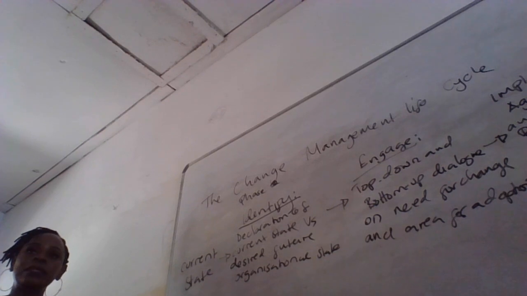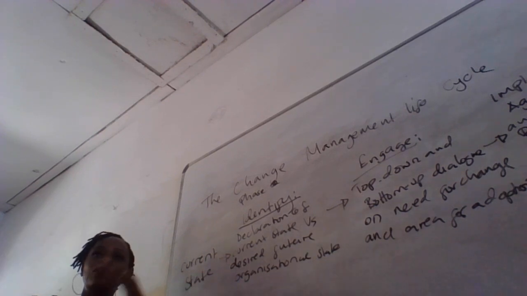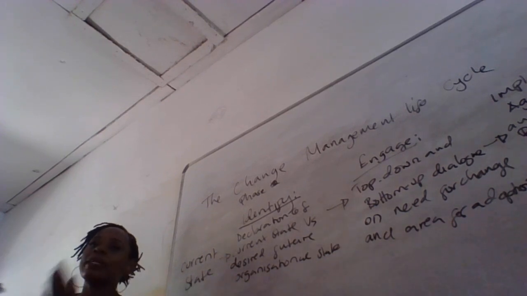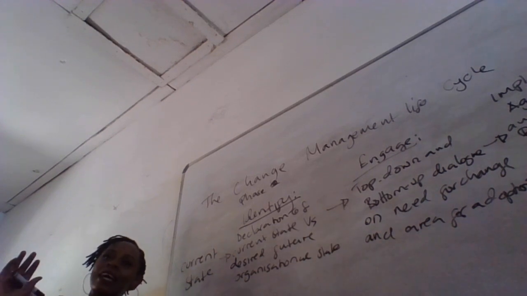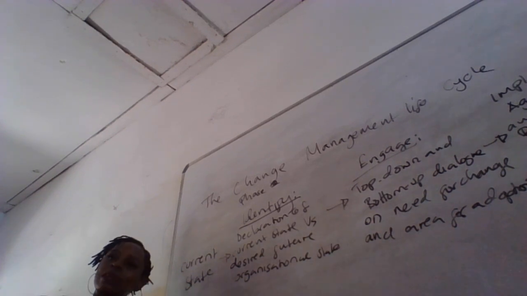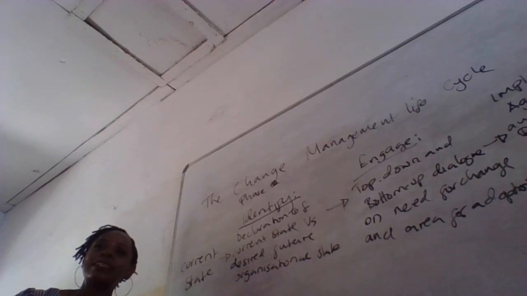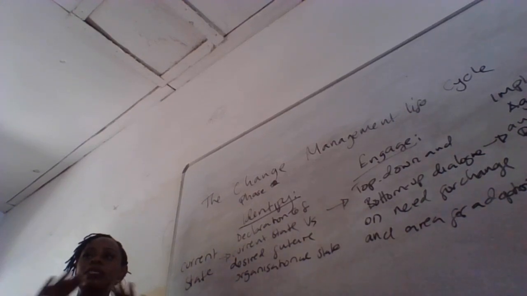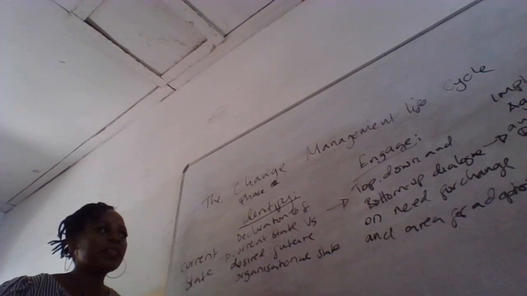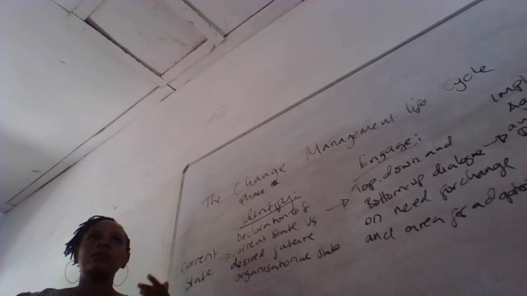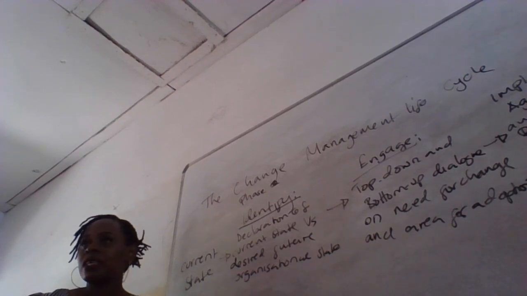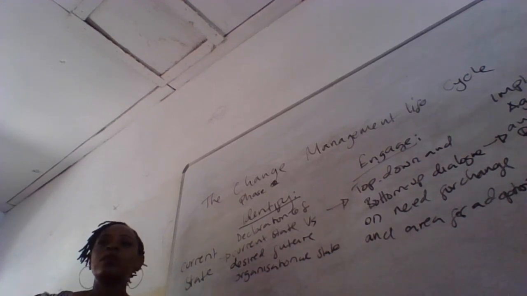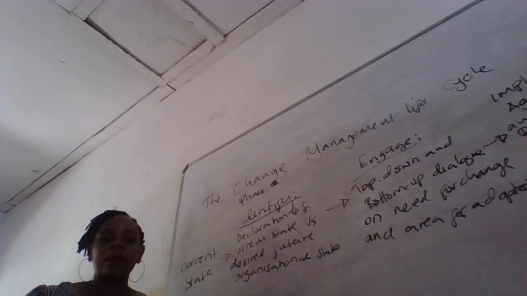If you have people in the organization that do not understand English, you should use the language that they will understand. If they understand Chichewa, make sure you use Chichewa. If they understand Chitumbuka, make sure you use that language. You want everybody to be on the same page. You don't want, when the change comes, them saying, they didn't tell us about this change. Okay? You don't want them to be surprised with the change that you are bringing in.